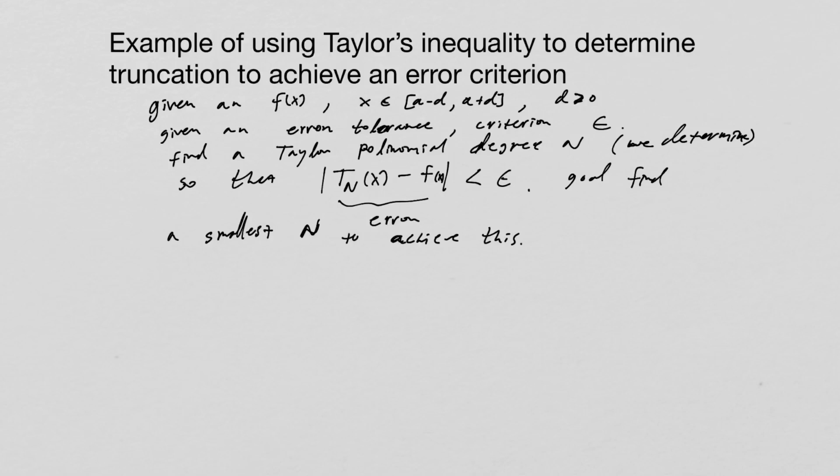All right, we're going to do a specific example of this. So let's talk about what we're given. We're given f of x is equal to e to the x, right? And we know that the Taylor polynomial can be written as such.